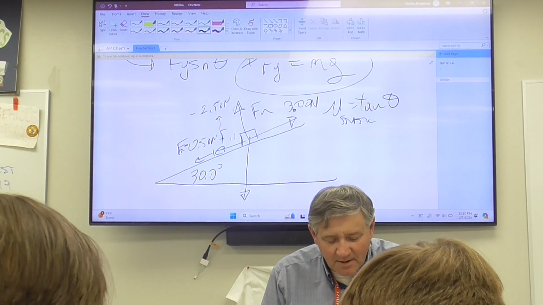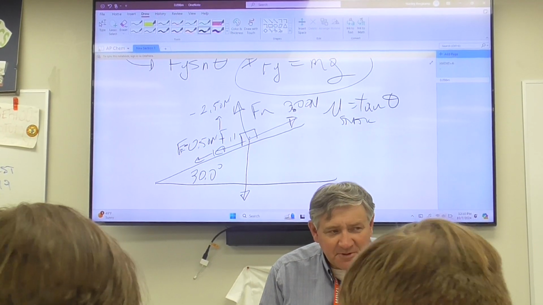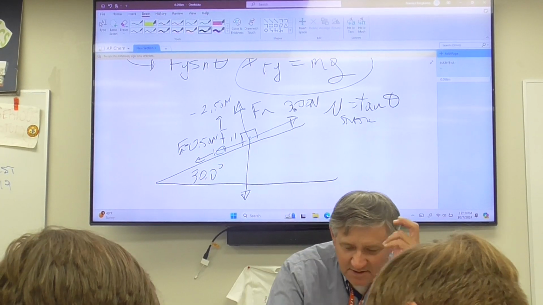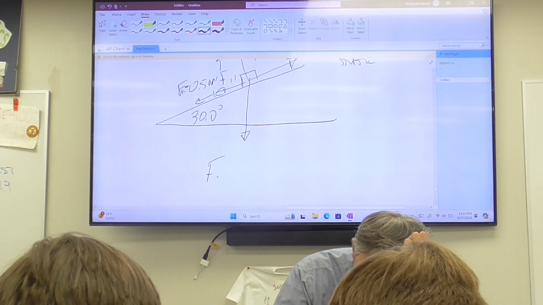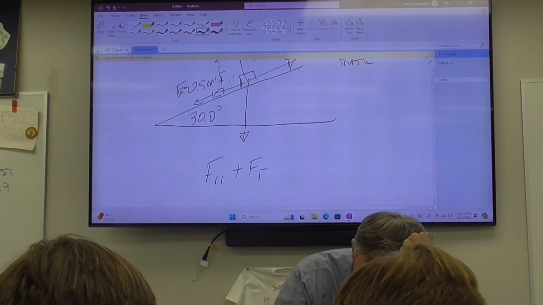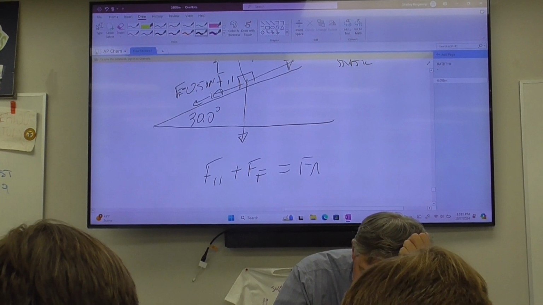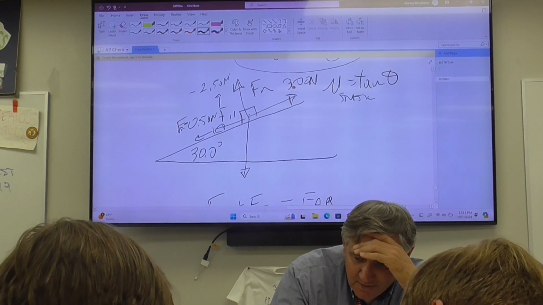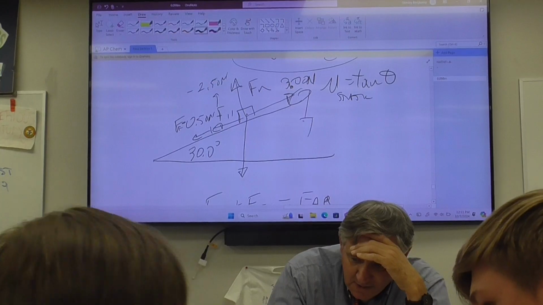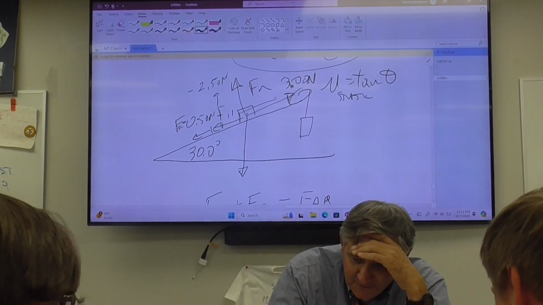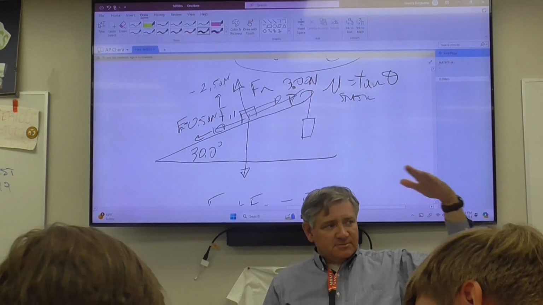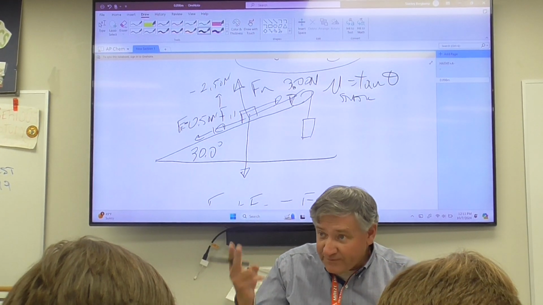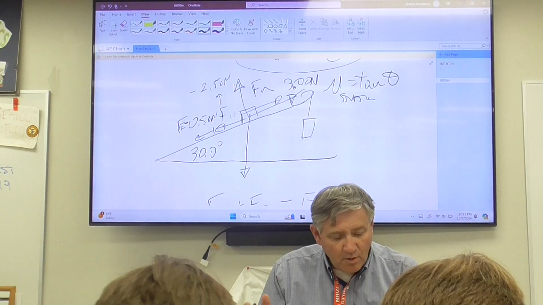Okay? Now, number 2 works the exact same way as number 1. You're going to take your force parallel, add it to your force friction, and that's going to get you your applied force. But here's what's different. You're tying a weight on the end of the string to provide that force to pull it up. So on number 2, you're going to find your force in newtons.